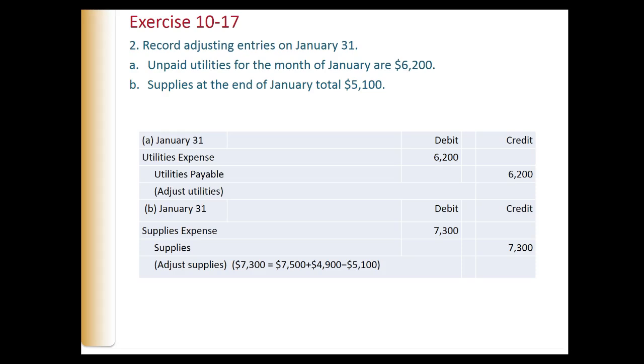So we will debit our supplies expense of $7,300 and credit our supplies of $7,300 to reduce our supplies by the amount we have used.